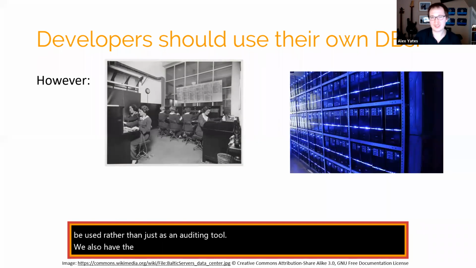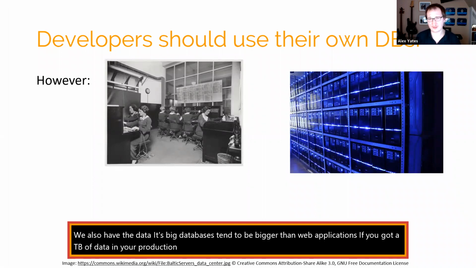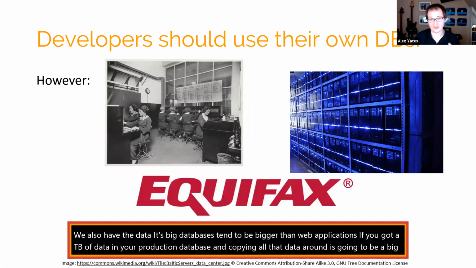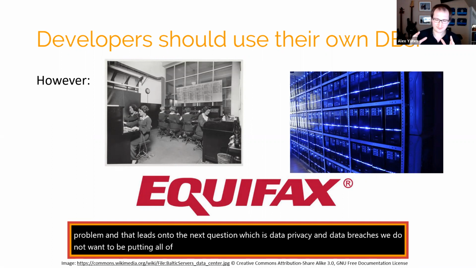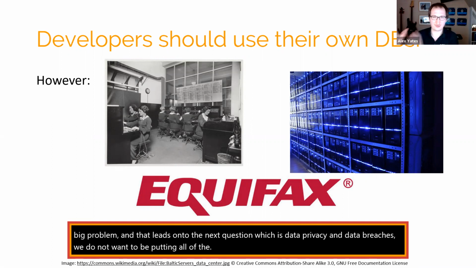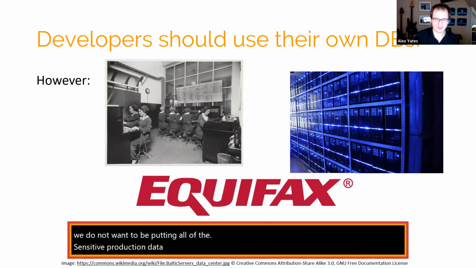We also have the data. It's big. Databases tend to be bigger than web applications. If you've got a terabyte of data in your production database, copying all that data around is going to be a big problem. And that leads on to the next question, which is data privacy and data breaches. We do not want to be putting all of the sensitive production data onto developers' machines, because that's what data breaches are made of.